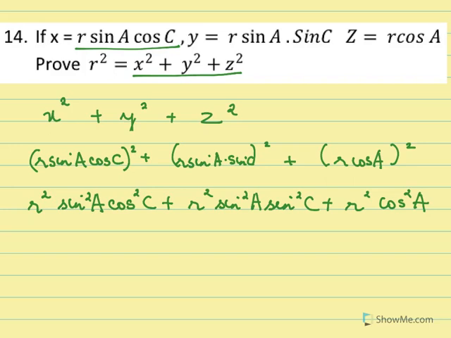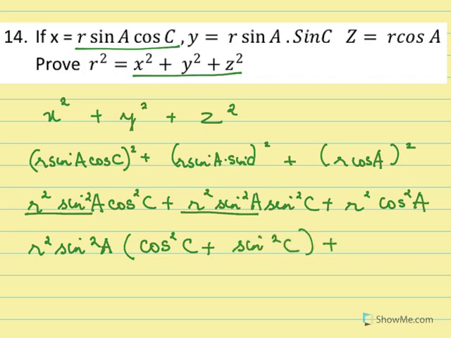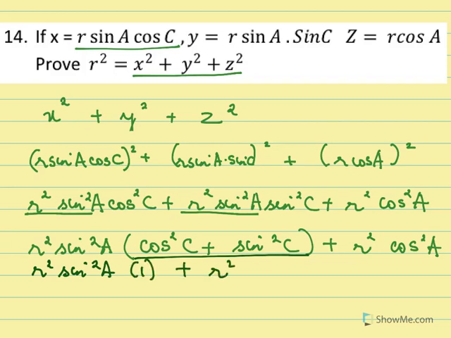Now within these two I can take r square sine square a common out. What will remain inside here, cos square c plus sine square c, plus here r square cos square a. Now for the next step we have r square sine square a. Now this is cos square plus sine square is 1, so r square cos square a.